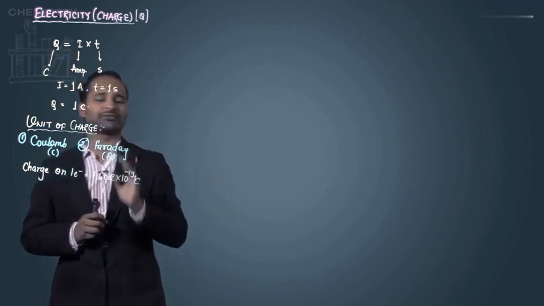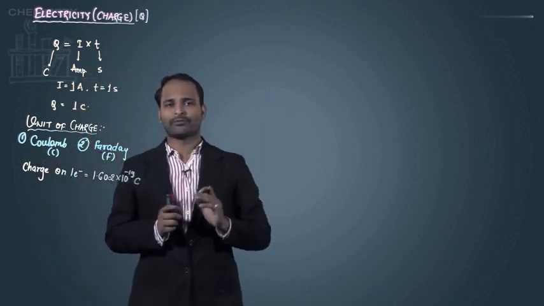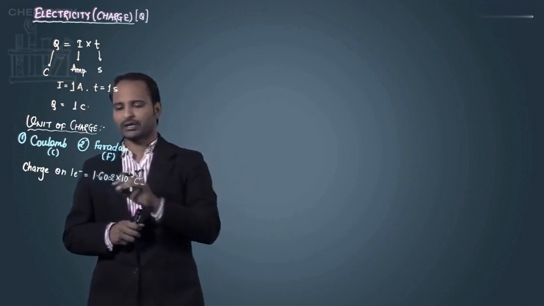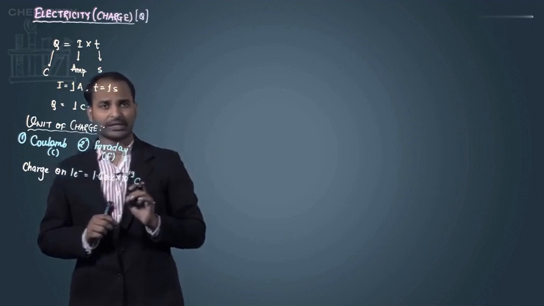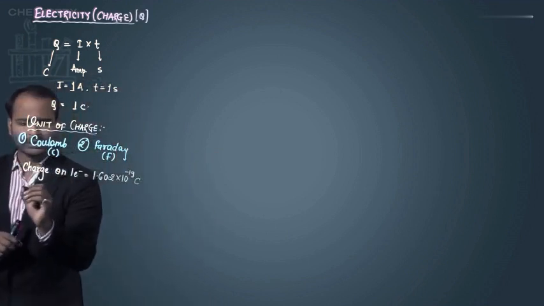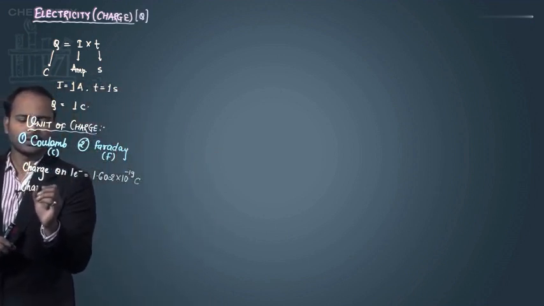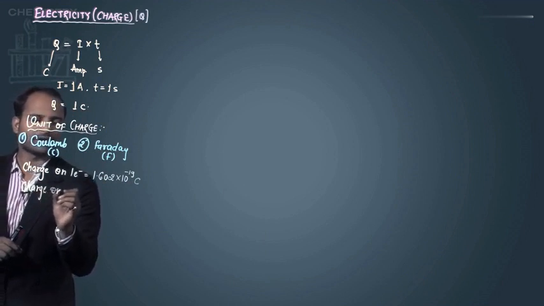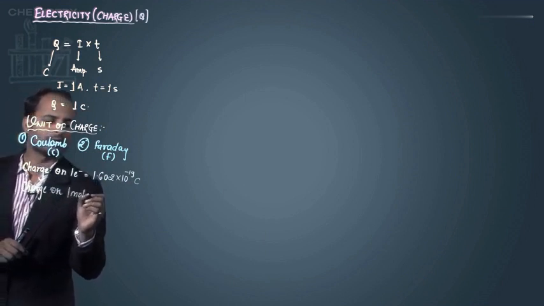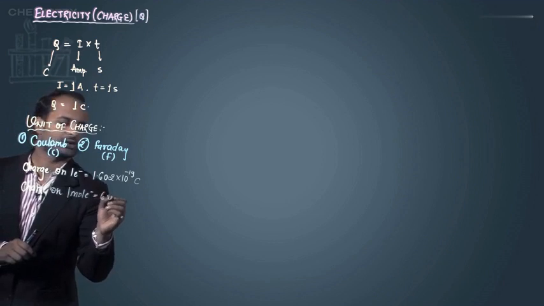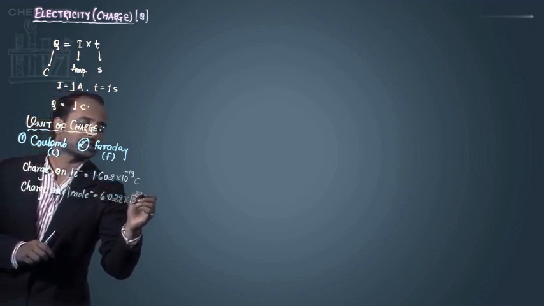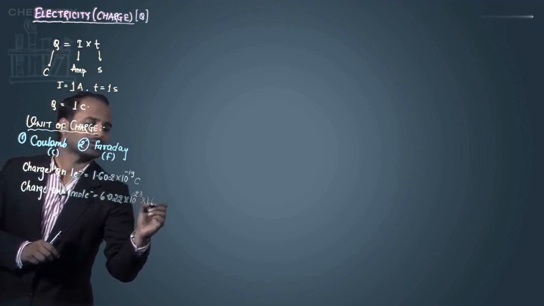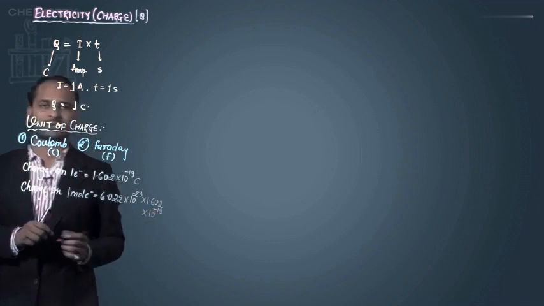For transferring 1 electron from one electrode to the other, how much charge is needed? The answer is 1.602 into 10 raised to minus 19 coulomb. This is the charge on 1 electron. Now let's see what is the charge on 1 mole of electrons. 1 mole of electrons means 6.022 into 10 raised to 23 electrons, and each electron has 1.602 into 10 raised to minus 19 coulomb of electricity.